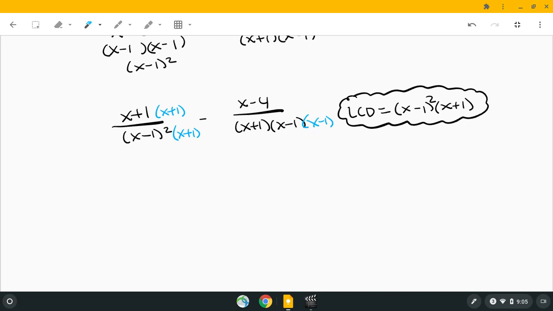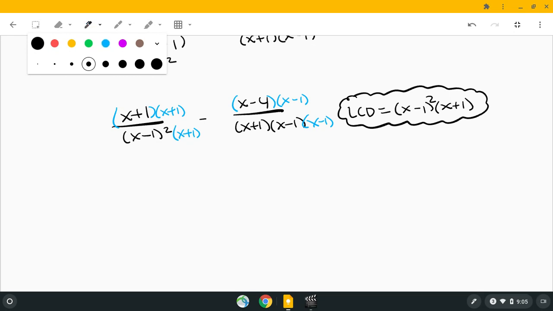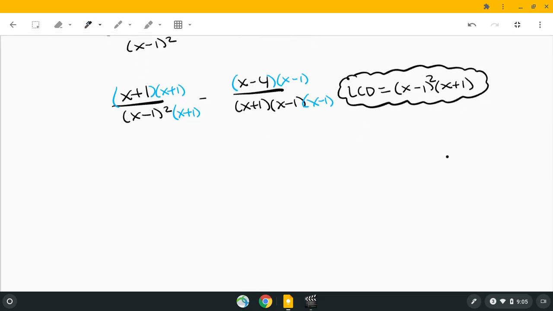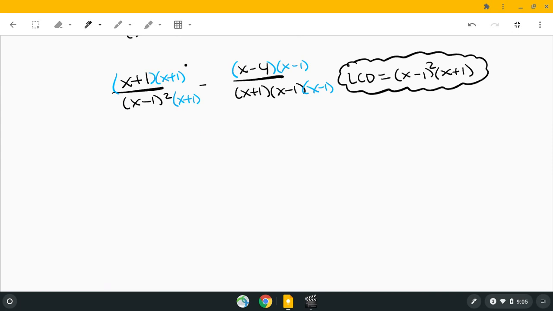And then here, get my x minus 1. Use parentheses to keep everything organized. Now that I have my denominators looking like the LCD, I can go ahead and multiply this out. So I get x squared plus x, and then plus x, and then plus 1.